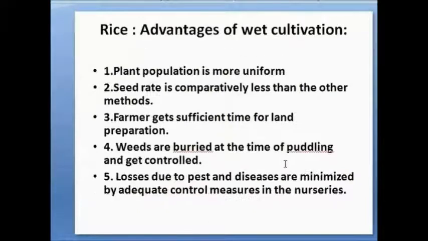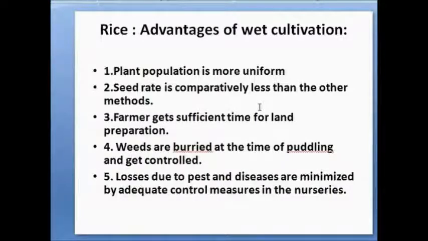Now let us see which are the advantages of wet method of rice cultivation. Firstly, the plant population is more uniform, means plant stand is also more uniform. We can get calculated number of plants in the field. Second advantage is that seed rate is comparatively less than other methods. Particularly in dry cultivation, more seed rate is required, but in wet cultivation, less seed rate is required.